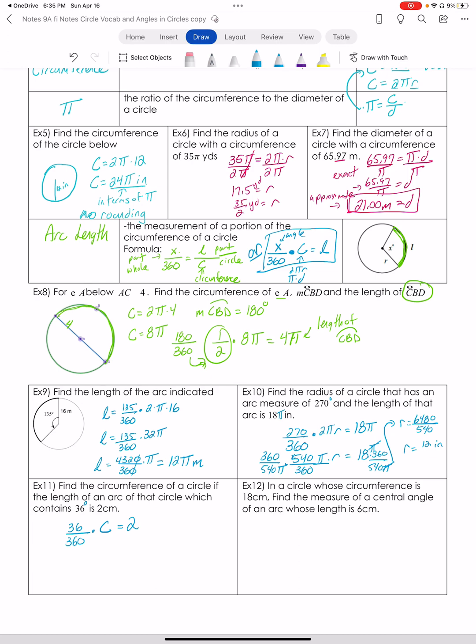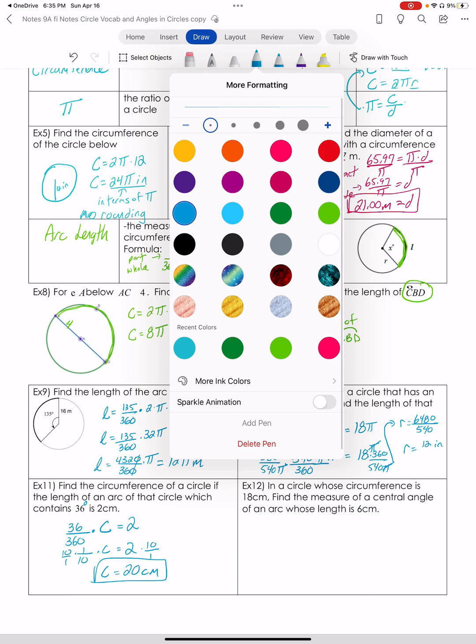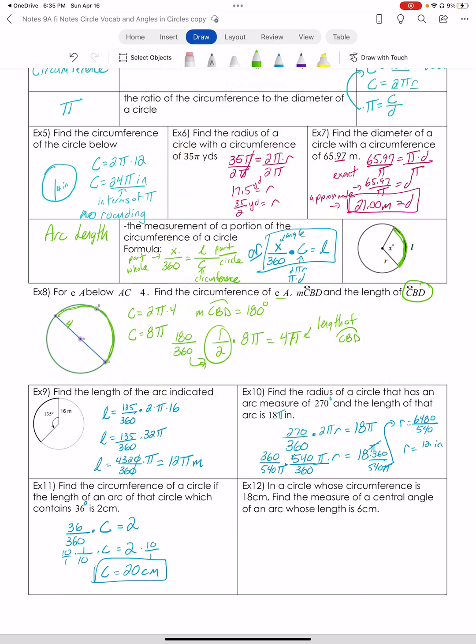You can simplify beforehand. 36 over 360 is actually 1 over 10. It's equal to 2. And then I multiply each side by 10 over 1. And my circumference must be 20 centimeters. So that one wasn't too bad.